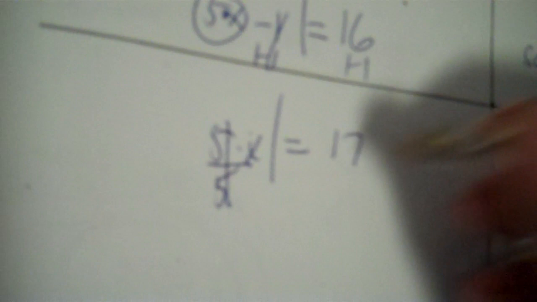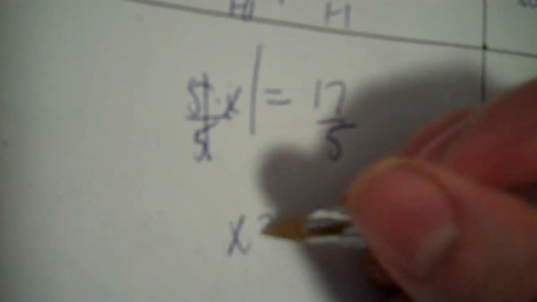We got times 5 and minus 1, so we add the 1 and then divide by the 5. That's 17. 17 divided by 5 is going to be a decimal, 3.4.